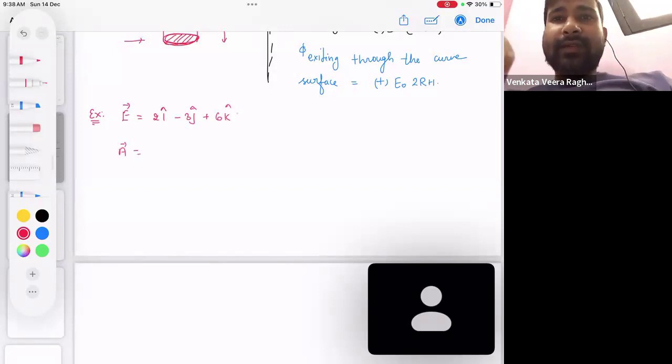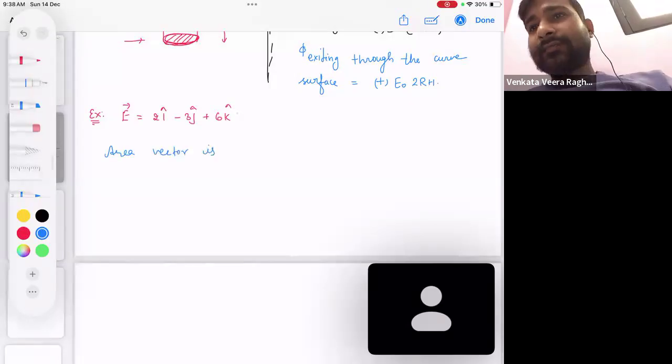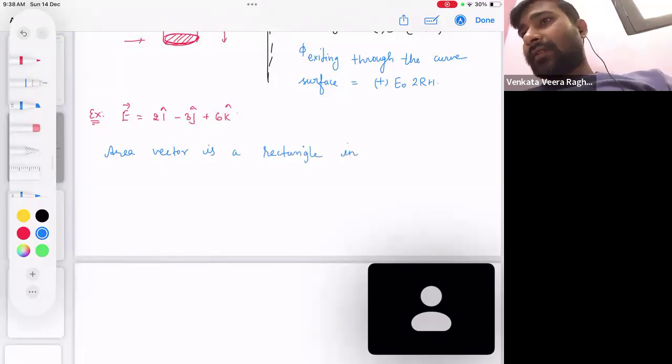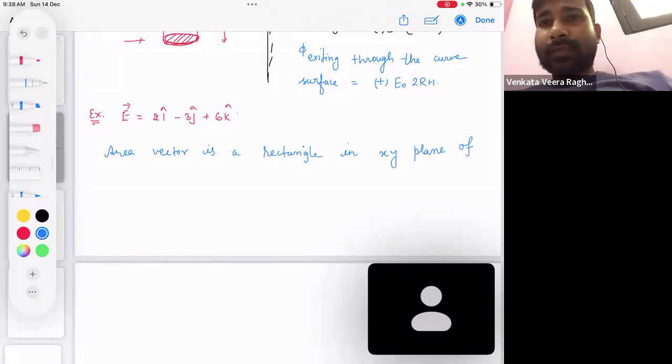how is the area vector given? Area vector is given as a square or a rectangle in the xy plane, of 10 cross 6 meter square.